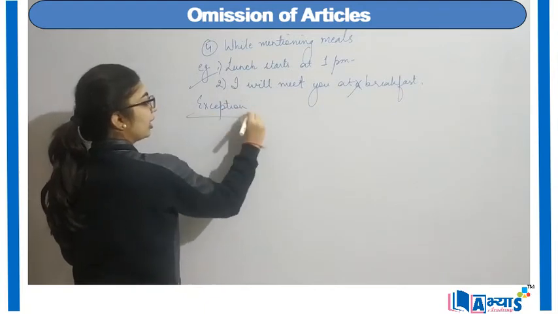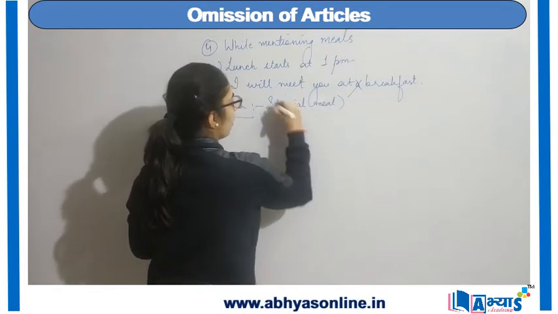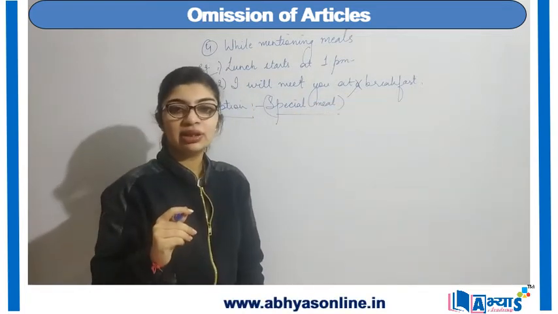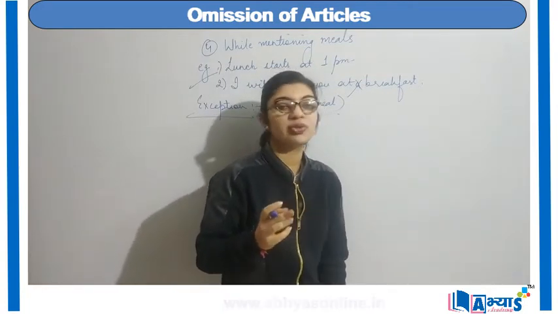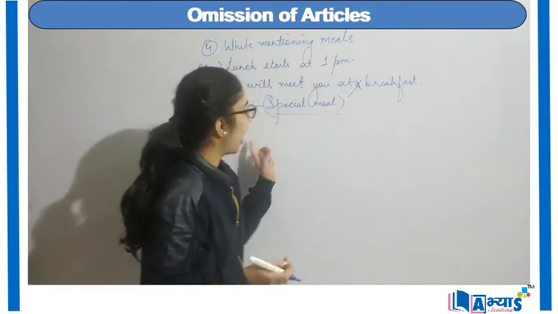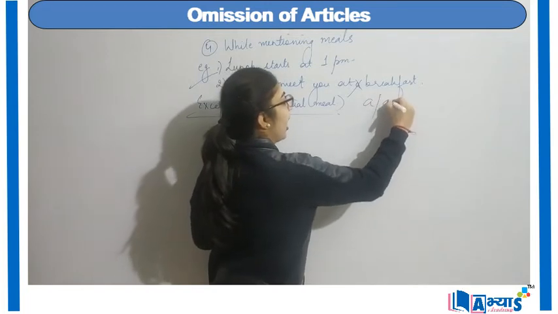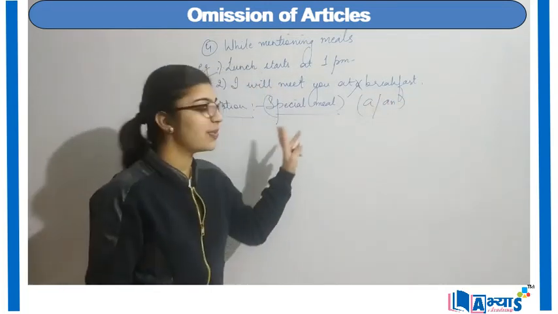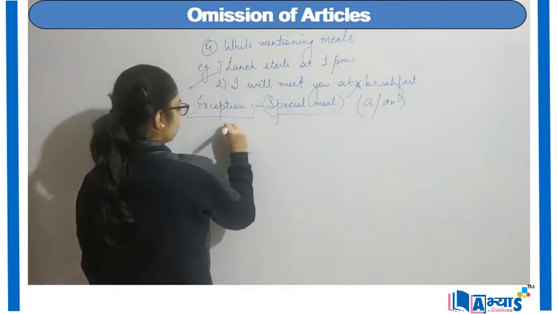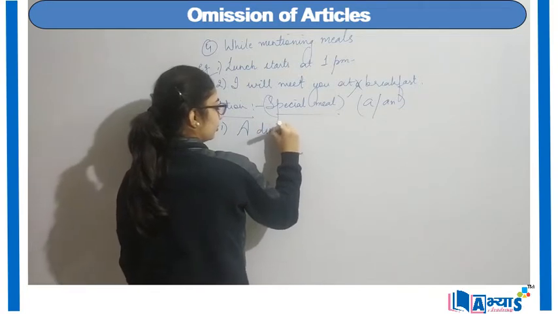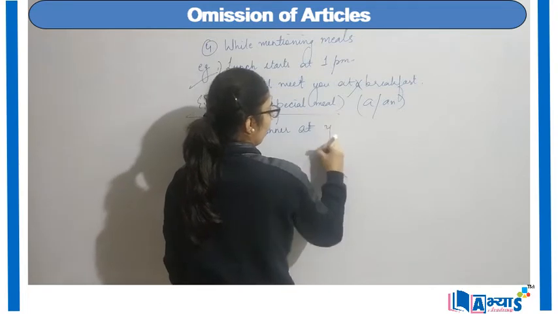When we are mentioning a special meal which is organized by some person in some honor, or due to some request or some respect, for that special meal we can use the article a or an. For example, a dinner at your honor.